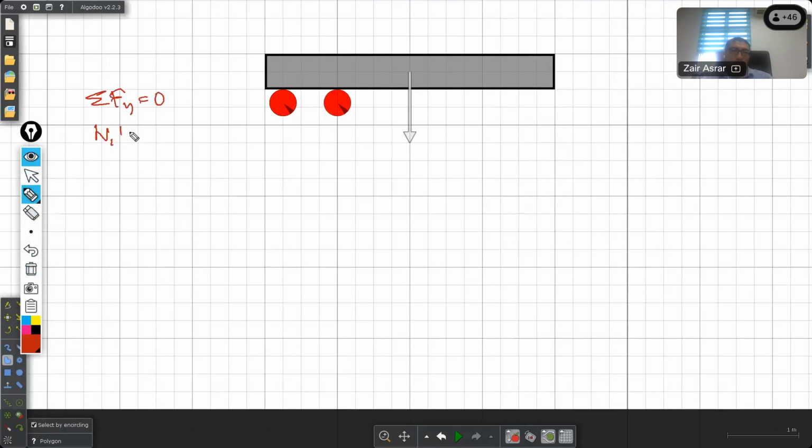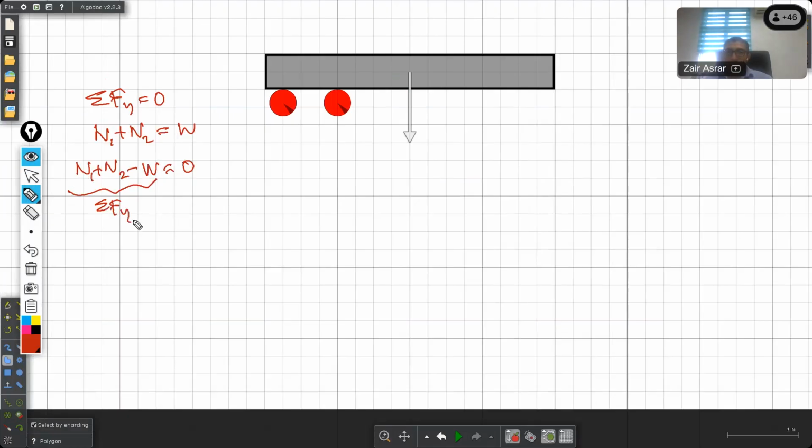N1 plus N2 still equals W. So we have two forces pointing upward and one force pointing downward. Obviously, N1 plus N2 minus W will be equal to 0. So this is our summation of force along the y direction.